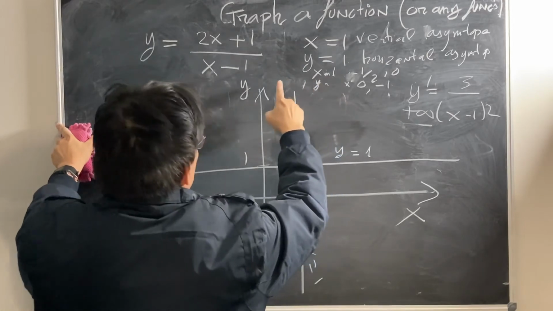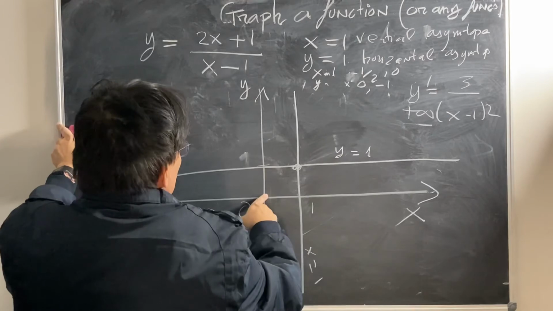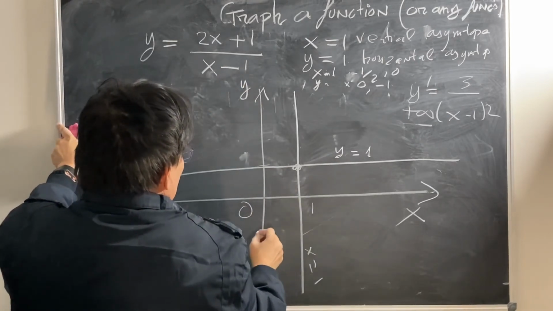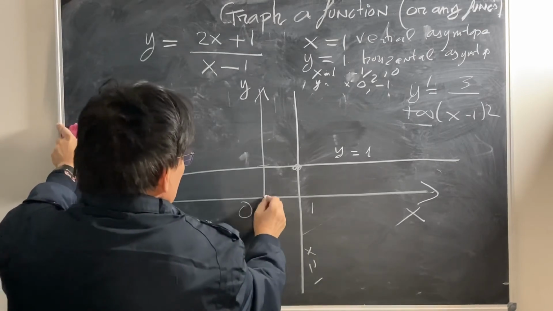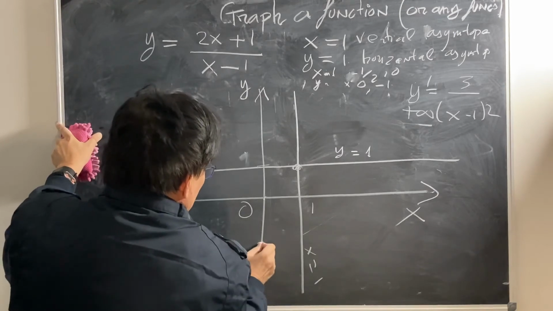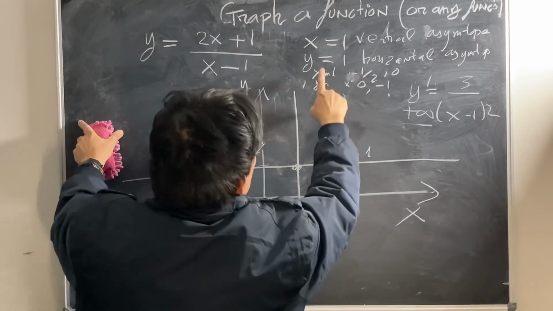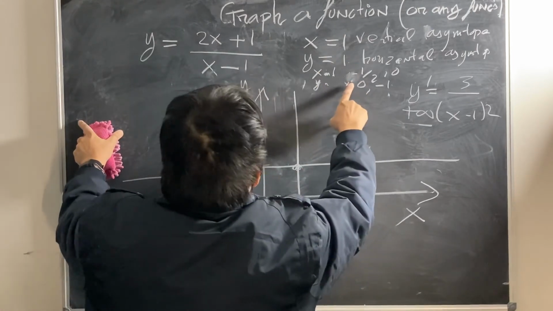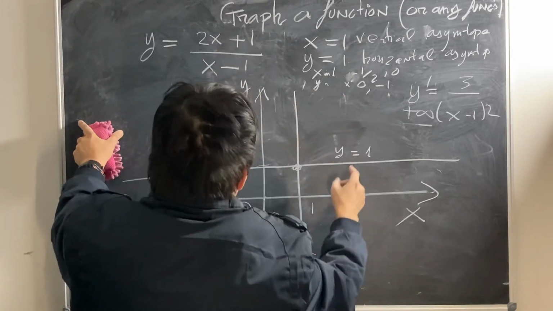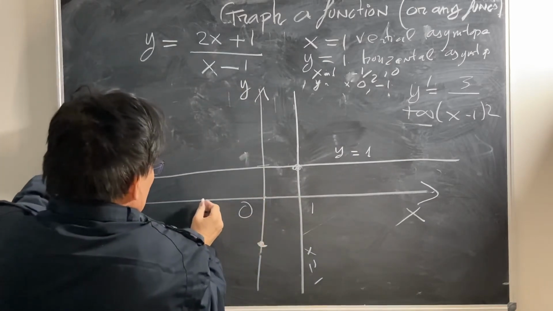Okay, so the y-intercept: when x equals 0, y equals minus 1. And the x-intercept: y equals 0, so that means x equals minus 1/2.